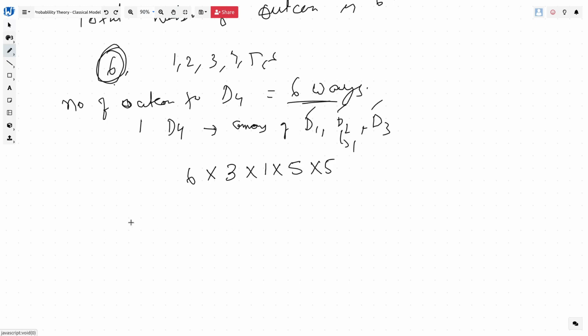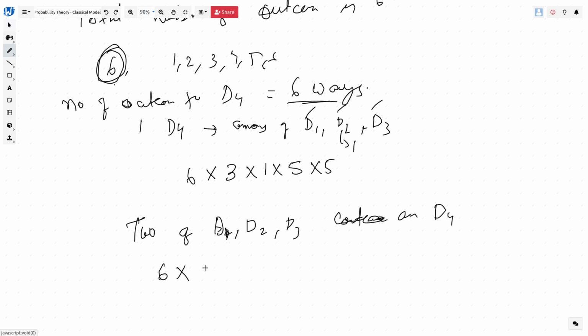Similarly, the second case will be when 2 of D1, D2, D3 contain the same number as D4, right? So again, there are 6 ways for getting the output of D4.